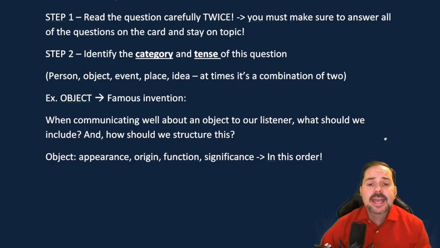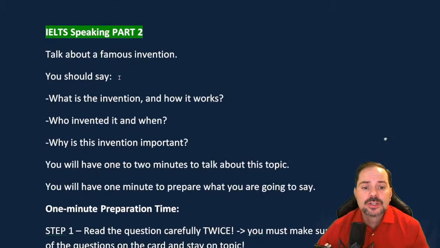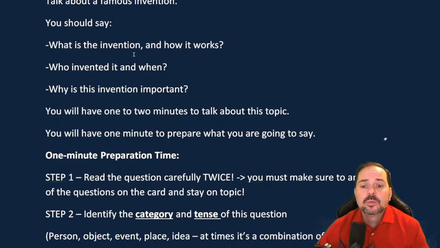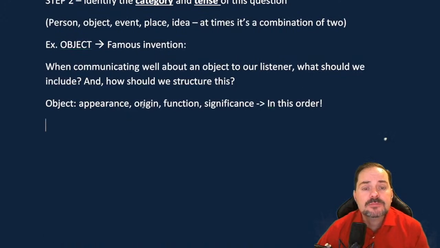Now, the tense. So we need to figure out the tense of this question. So talk about an object. What is the invention? How does it work? Who invented it? Why is the invention important? What tense are we going to use mostly in this speaking part 2?